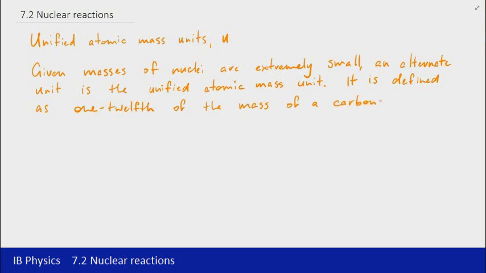So, first of all, the reason why it's carbon-12: carbon-12 is one of the most abundant atoms in organic compounds, and so it's fairly widespread throughout the world. Secondly, the 1/12 aspect. If we've got carbon-12, this 1/12 aspect basically means that it's approximately equal to the mass of a proton or neutron.